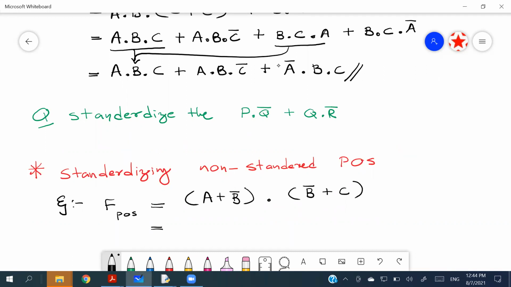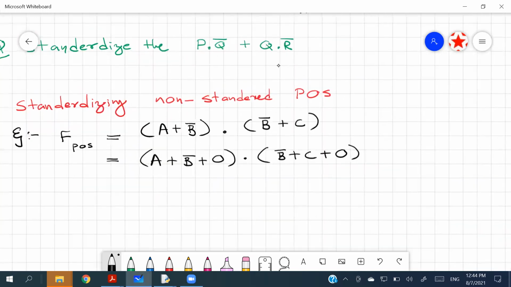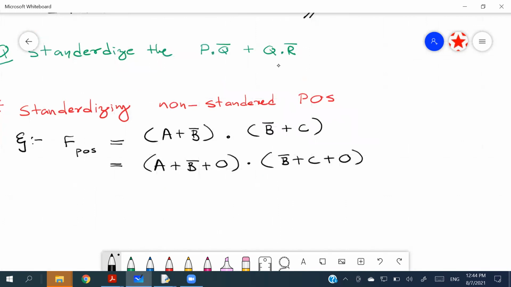So I'm going to write that. A plus B bar, since I'm missing C, I'm going to add a 0. If one variable is missing, we add a 0; if two are missing, we add 0 plus 0. So B bar plus C plus another 0 because A is missing. And in Boolean laws, we know x dot x bar is equal to 0.